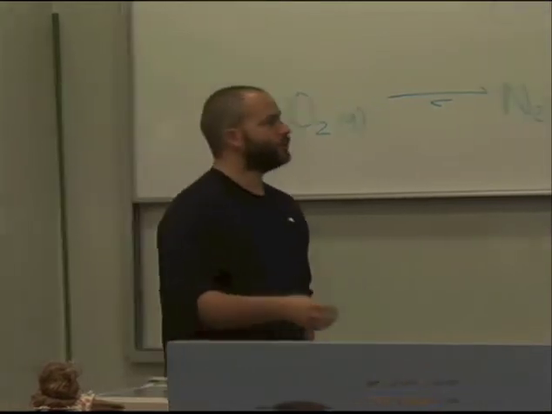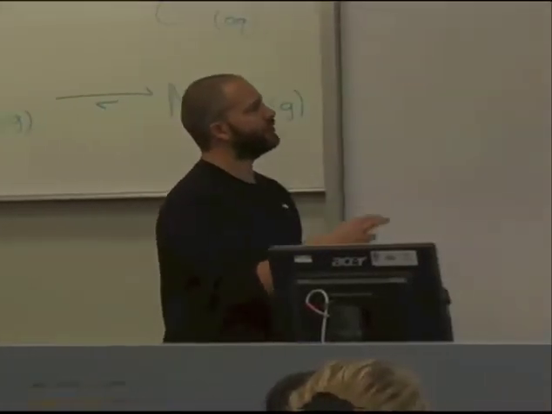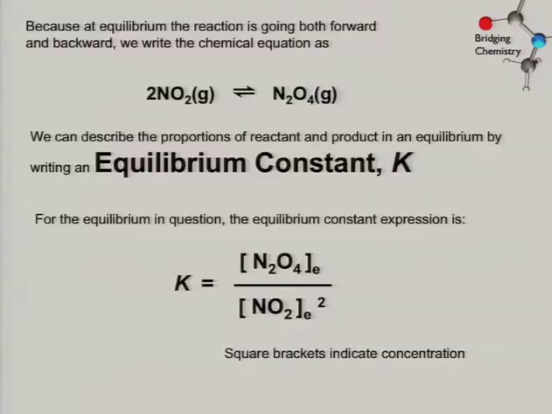Yeah? So the concentration of the product, which is N2O4 at equilibrium, divided by the concentration of NO2, the reactant, at equilibrium, and note that that bottom concentration is squared. It's squared because there's a 2 in the balancing here. Right?